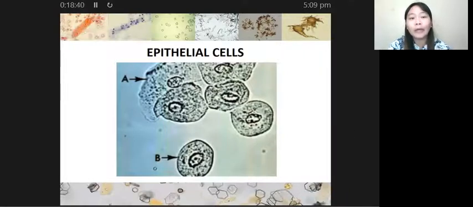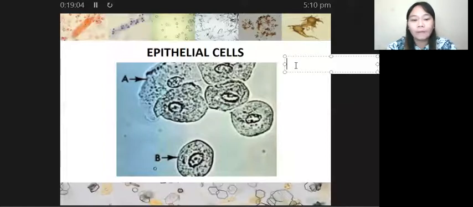Okay, how are we going to describe the appearance of your transitional epithelial cell? So they are actually spherical with an average diameter of 12 to 20 micrometers.